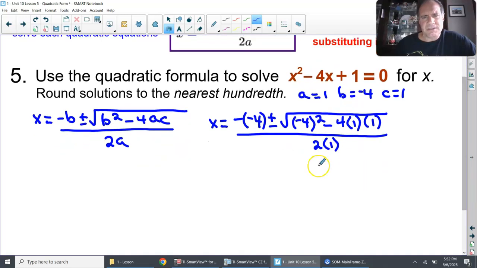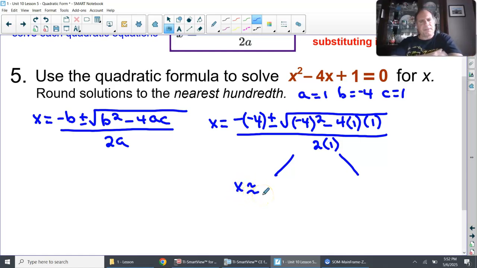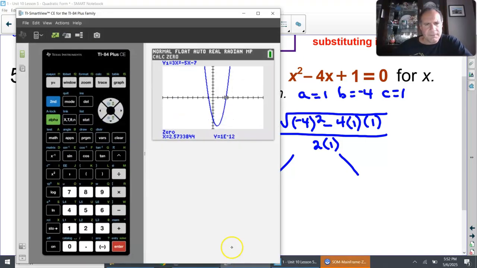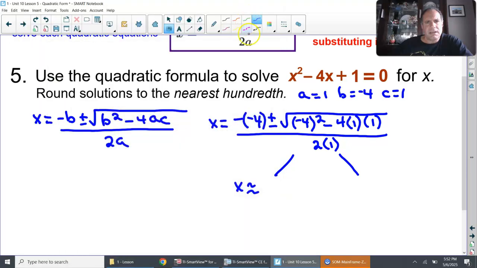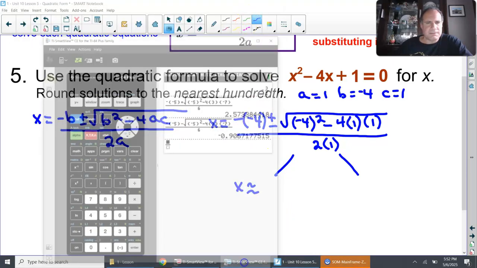All right, so this is the nearest hundredth. So we're going to put that going, and we're going to get the squiggly equal sign. And we're going to clear this out, alpha x. And we're going to put this in as negative. We're going to put it in as +4.